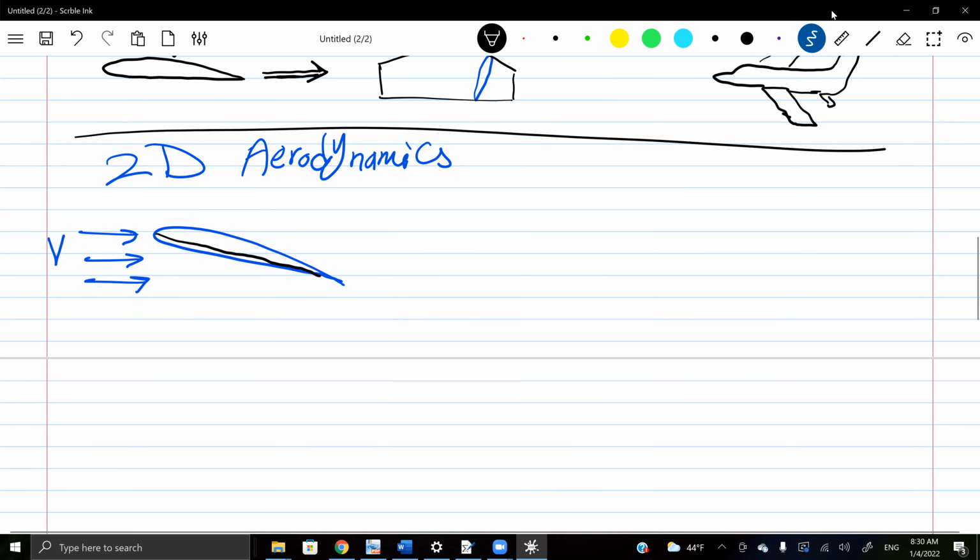This is the chord length c, and the black line is the chord line that connects the trailing edge and the leading edge. So this chord line is making an angle alpha with the velocity.